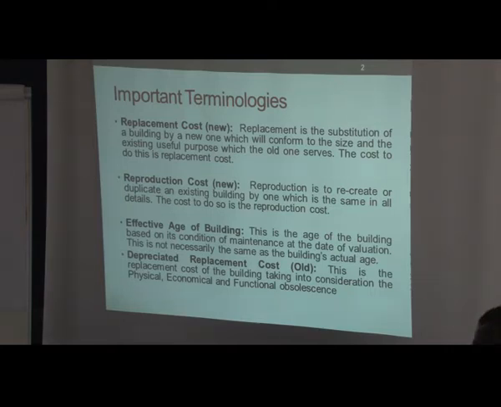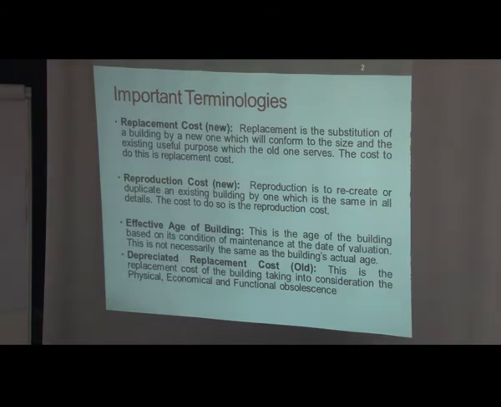If you are valuing a property which was built, say, 20 years ago, the chronological age or the actual age of that building is 20 years, from the time it was built to your date of valuation. That period is what they refer to as chronological age. Now we know that the condition of a building does not always depend on how old it is chronologically.